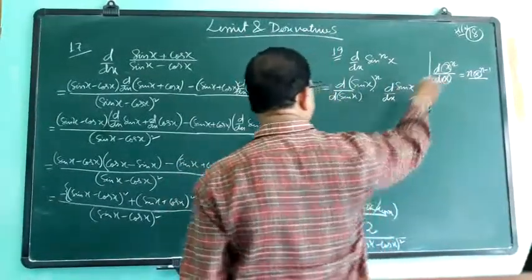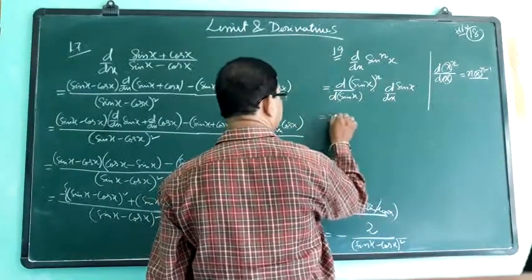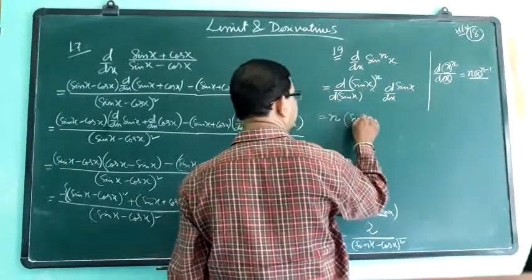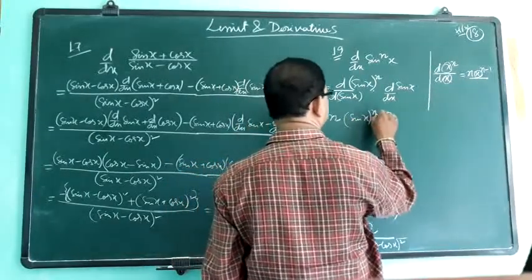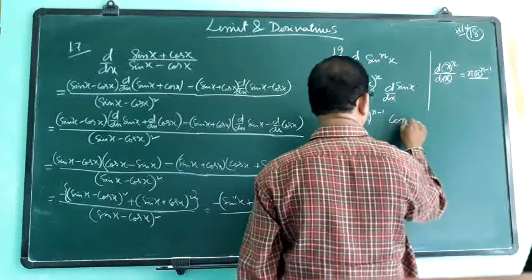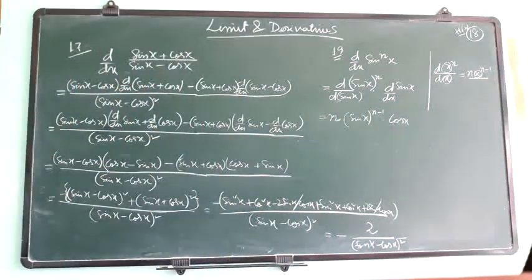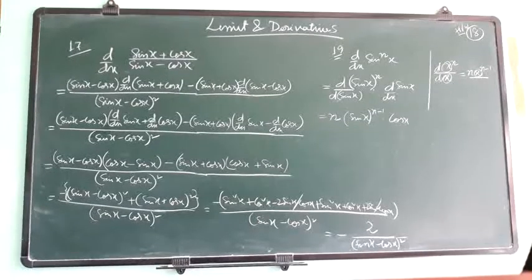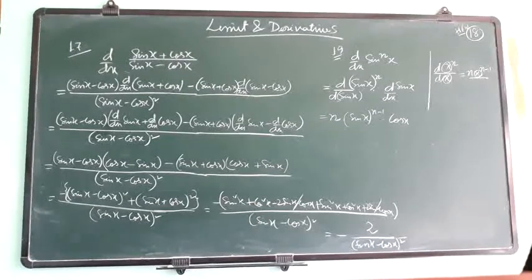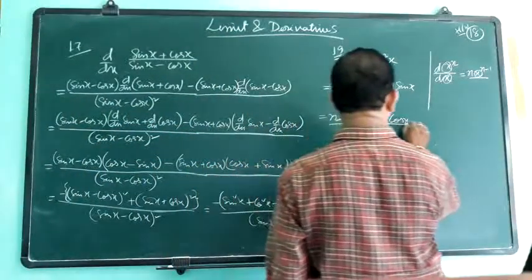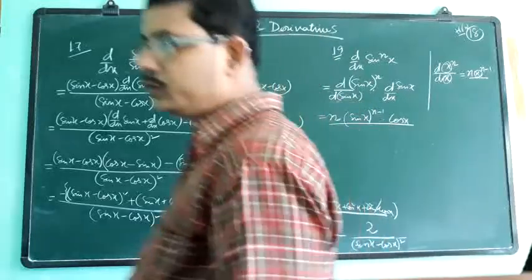So now we will use this formula. That formula says what is there, you put it there. So sin x to the power n minus 1 into cos x. So we have done up to this one. Now, as we have done this thing, n sin x to the power n minus 1 into cos x.